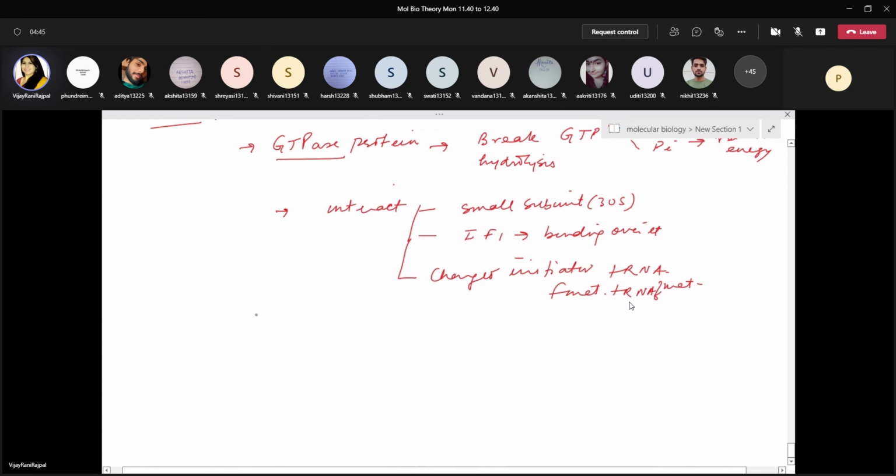So at the three sites on the ribosome, E, P, and A, E gets occupied by IF3, P is empty, and IF1 is present on the A site, over which IF2 is attached.